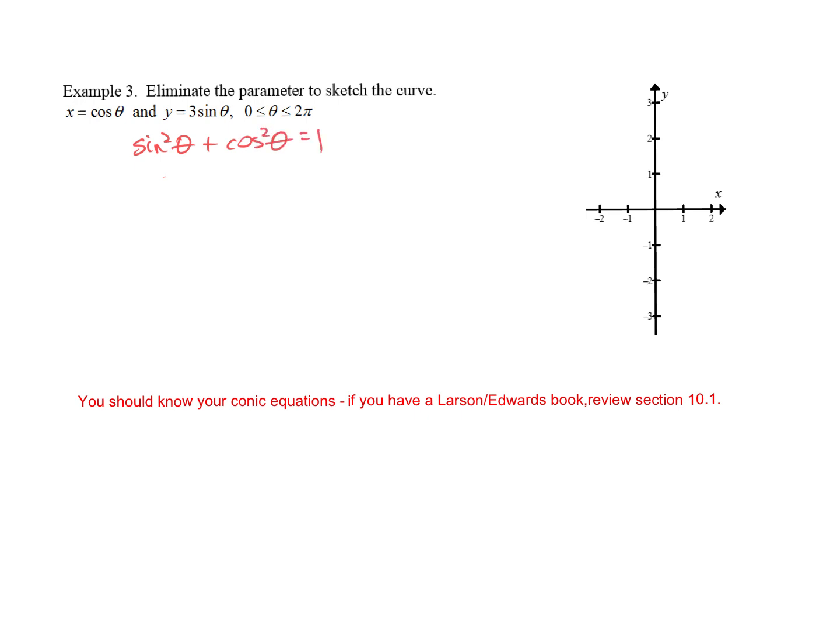Well, how about we just plug in what these are? We know that cosine of theta is x. So in place of that cosine squared, I'm just going to say x squared. What would I put in place of the sine? I've got y equals 3 sine of theta. What does sine of theta equal then?